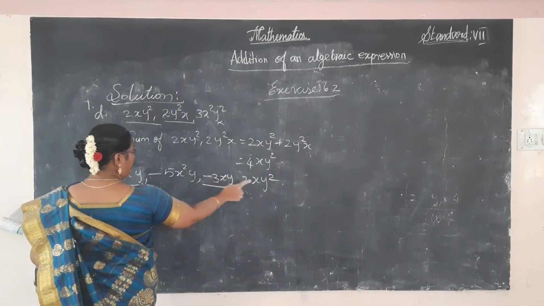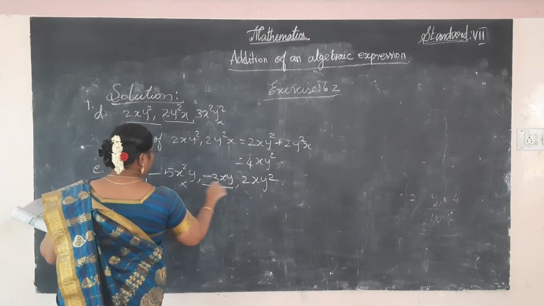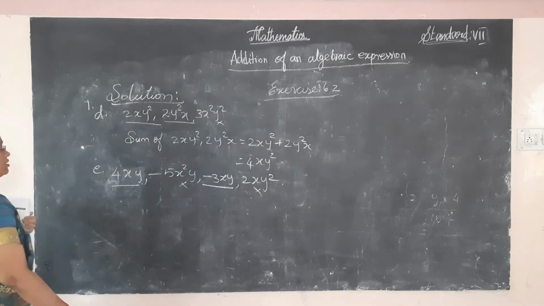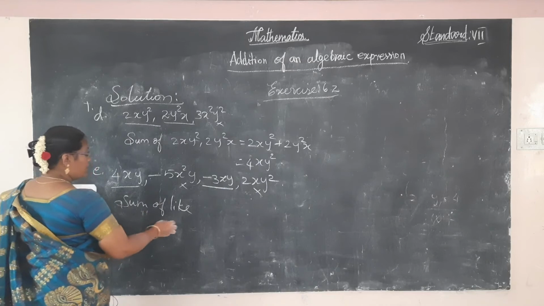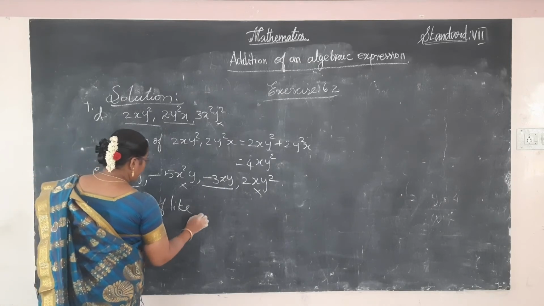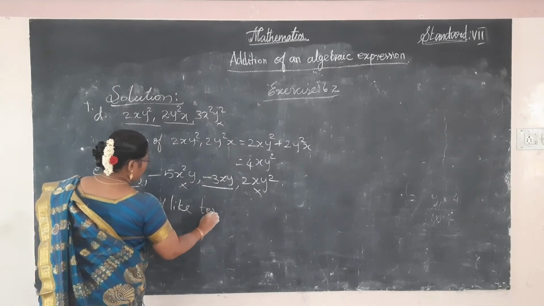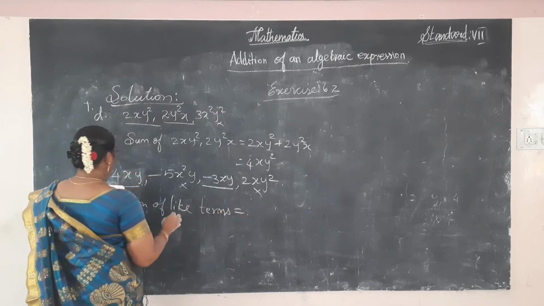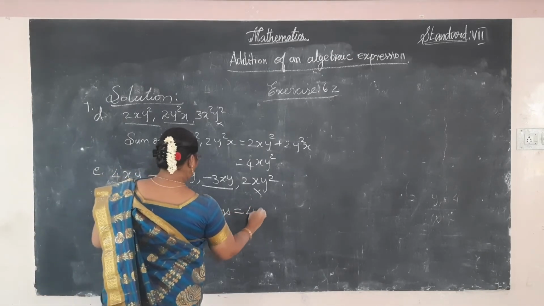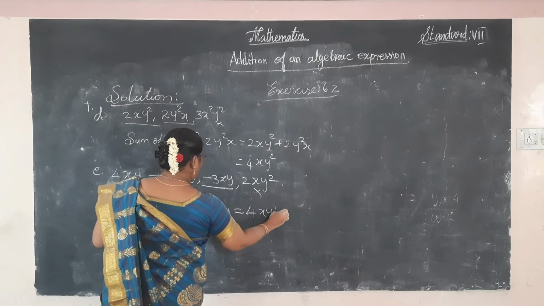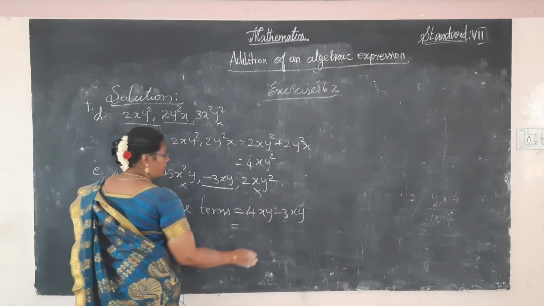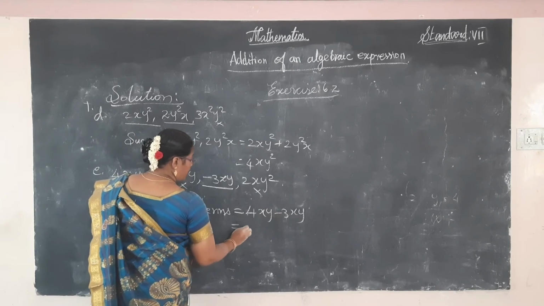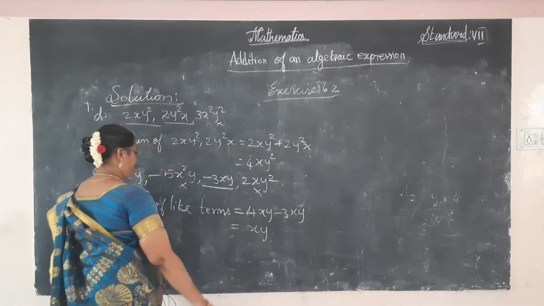Here x squared y, here xy squared. So these are the unlike terms. So the sum of like terms is equal to 4xy minus 3xy. Different signs, so what do we do? Subtract and put the greater number sign. So xy is the answer.